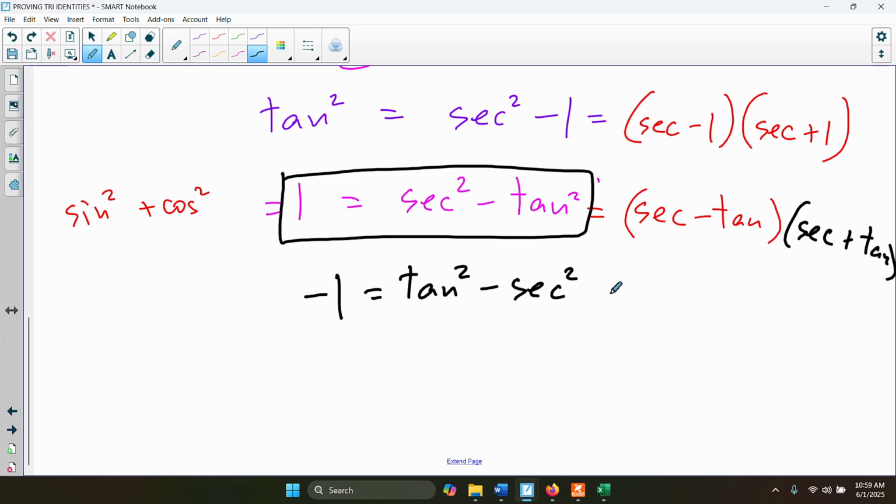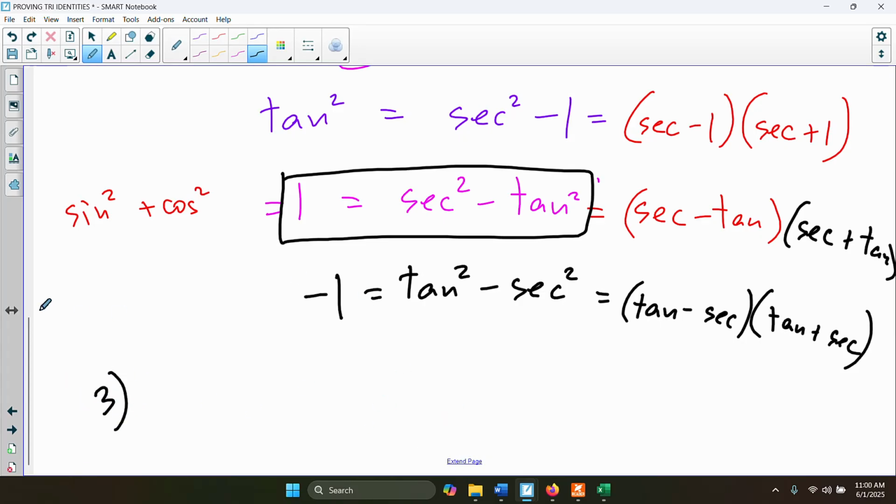You could factor further, which would just be the reverse of this. So this would be tan minus secant, and this is tangent plus secant. And I do this as I need it for a particular problem which I'm trying to fit into.